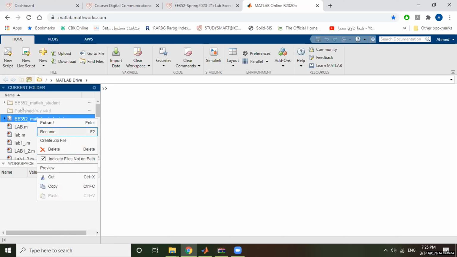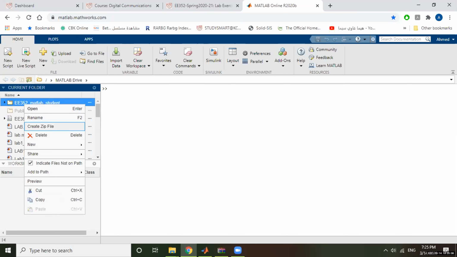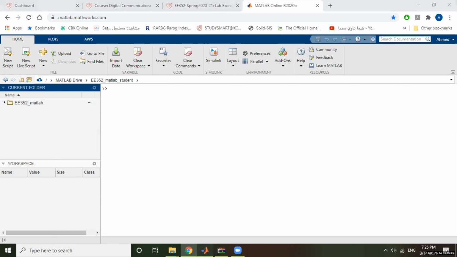No, the first folder, right click. And then go to add to path, and click select folder and subfolders. Okay. Now it's ready, you can use it now. Open. Yeah, it's ready.